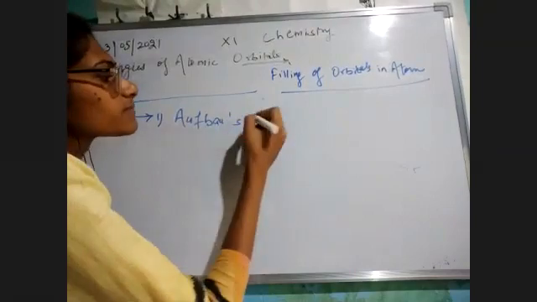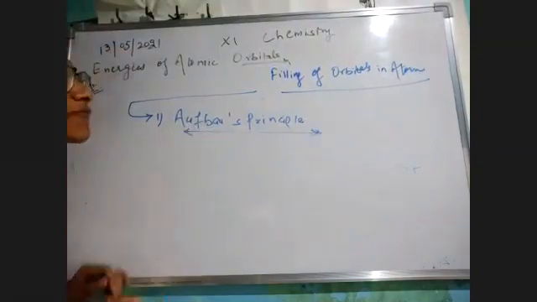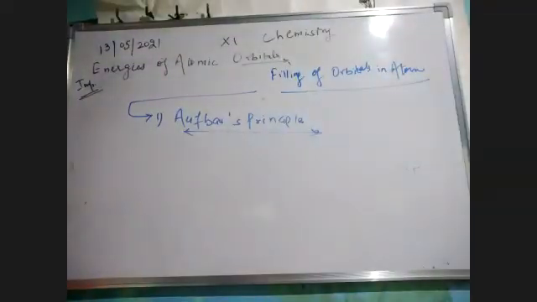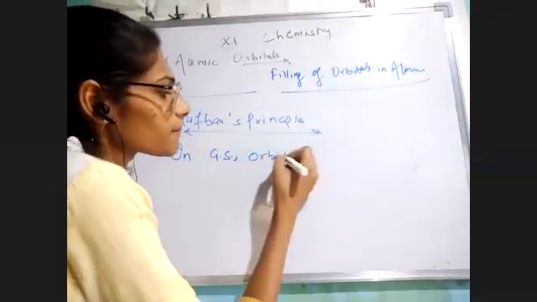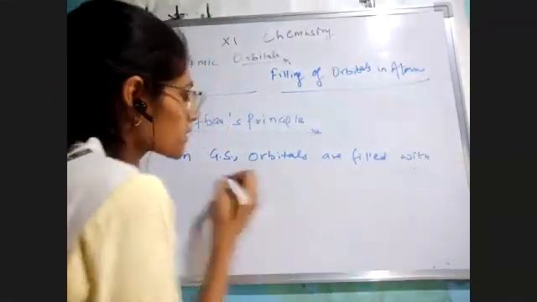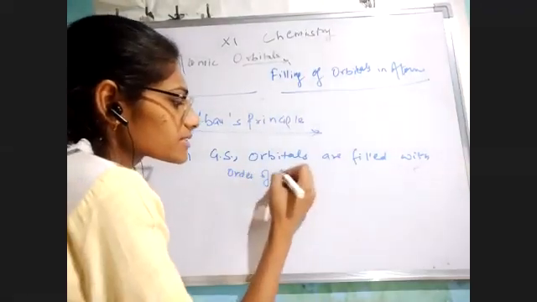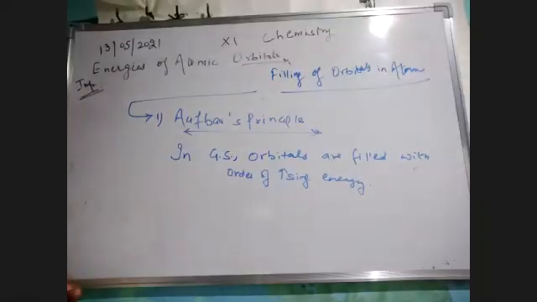Aufbau was a scientist who gave us a principle on the basis of which we can fill up our orbitals in an atom. Aufbau told us that in the ground state of an atom, orbitals are filled in the order of their increasing energy. And how can we arrange them?